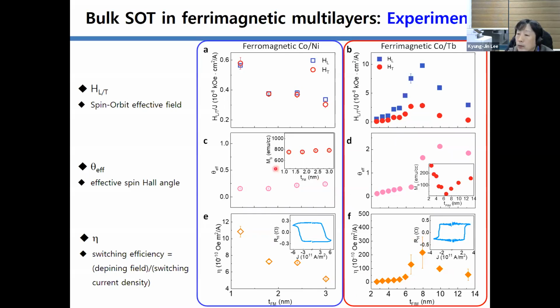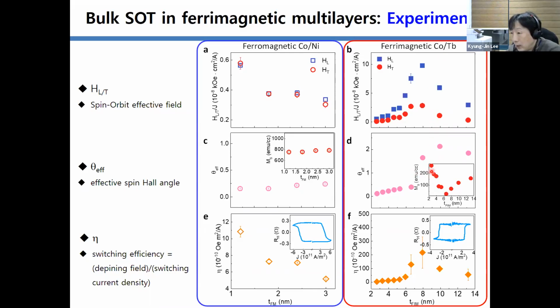Number-wise, the effective spin Hall angle for the ferromagnetic cobalt nickel is about 0.25, but here it reaches number 2. So it's very different. But we could not conclude this is evidence of the spin coherence length because a ferrimagnet has the well-known property that when you change the thickness, the magnetic property changes.